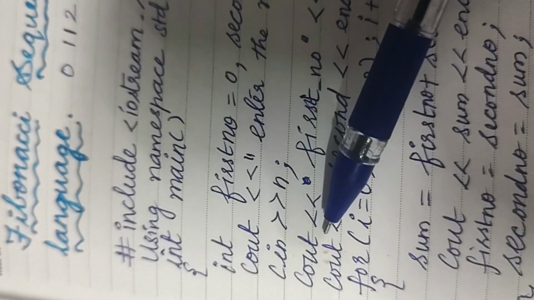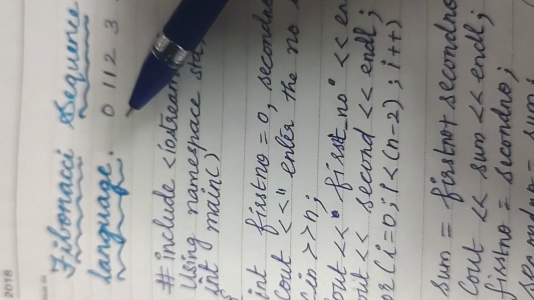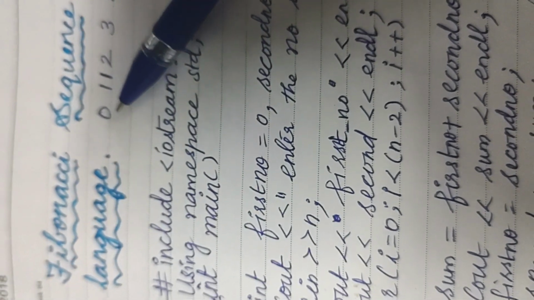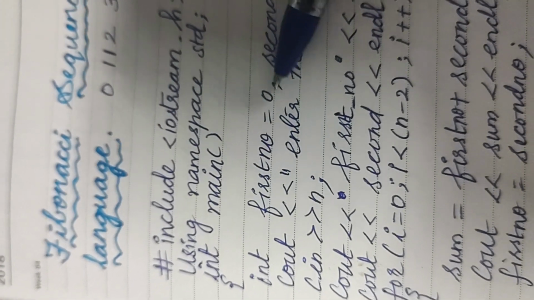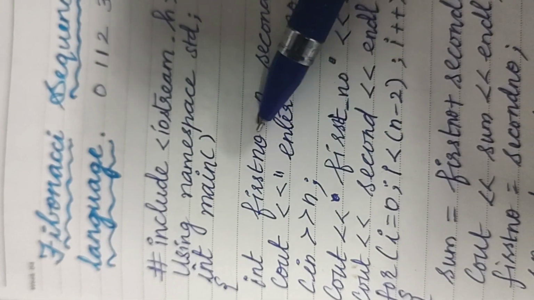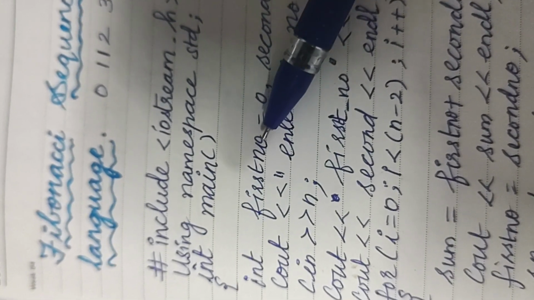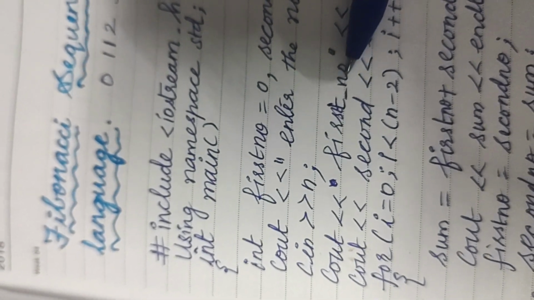Then in the next statement, we print the first term in the Fibonacci sequence. What is the first term? That is 0, which we have initialized here as first number equal to 0. So the cout statement prints the number we have assigned to first number. This statement prints 0.